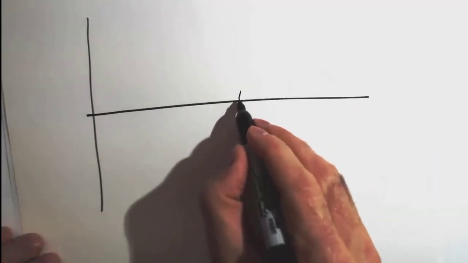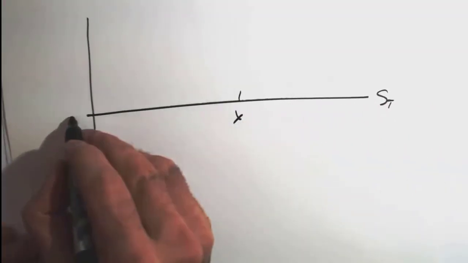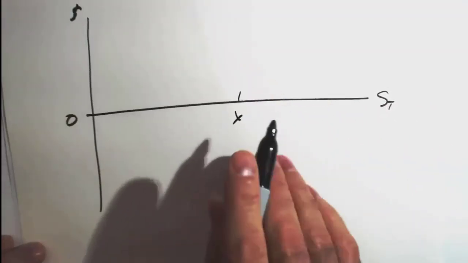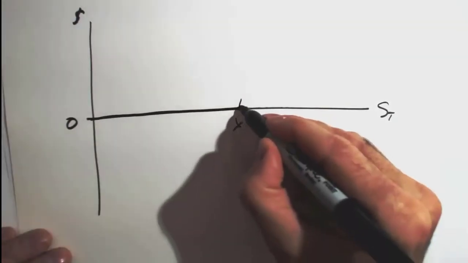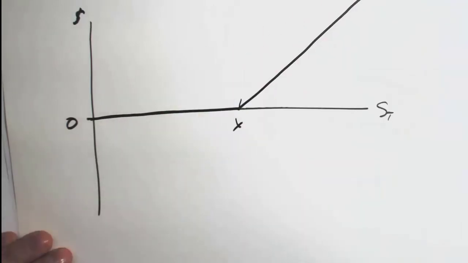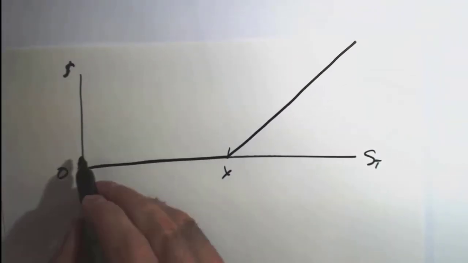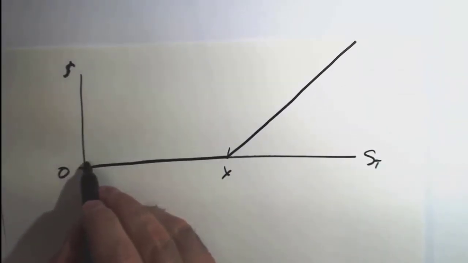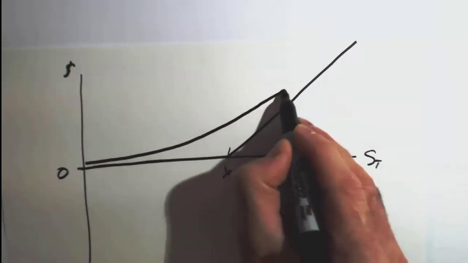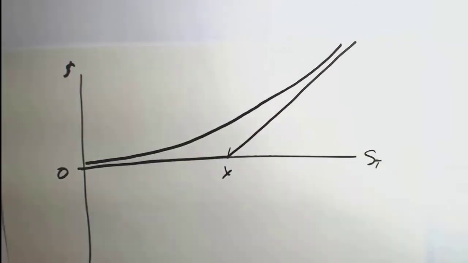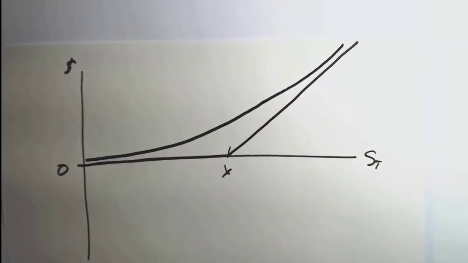Option pricing profile is this. Remember, we had the lower bound at expiration looked like that for a long call. And then we had a call option that kind of looked like this, the actual call value.